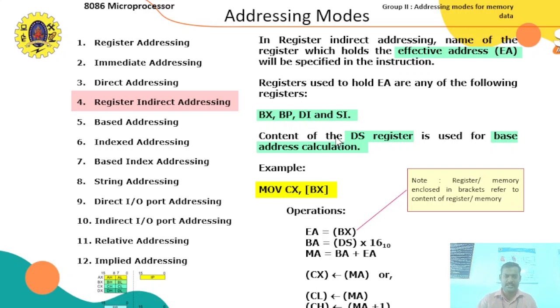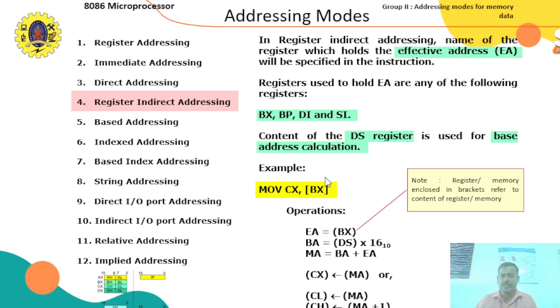Look at the example. MOV CX, BX. The content present at the address held in BX, for example if BX is 1255, the content present in 1255 will be moved to CX, and the next location will also be moved to CX.